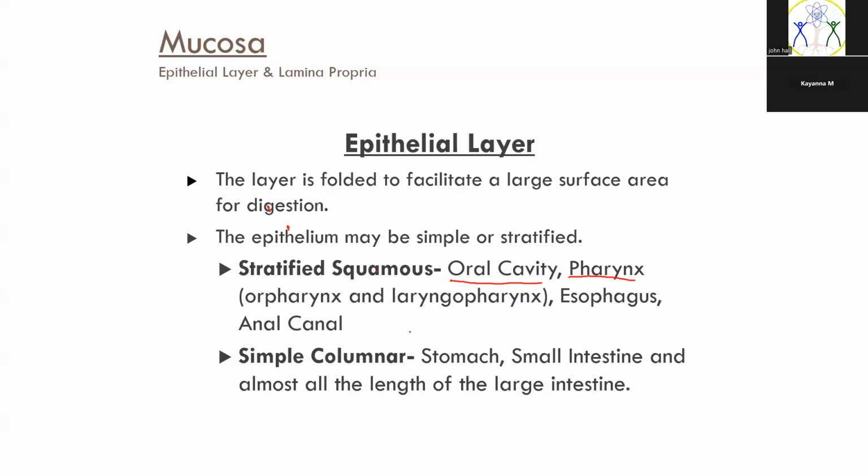And the esophagus will also have stratified squamous, right? As will the anal canal. Now, once you get into stomach, small intestine, large intestine, where of course absorption and secretion are going to be important, that is when you get your simple columnar epithelium.